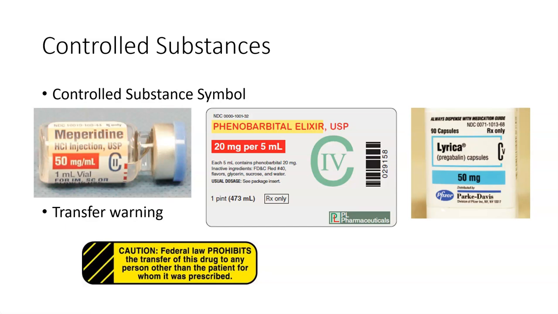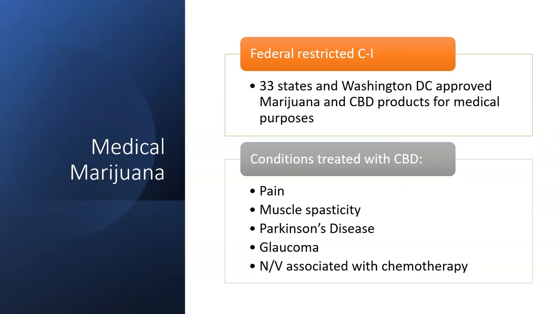Now, when we talk about controlled substances, inevitably medical marijuana wants to come up as a topic of conversation. It is considered to be a federally restricted C1, which means no medical use. But the federal government's kind of backed off and left it to the states to decide. So 33 states, including Louisiana and Washington, D.C., have approved marijuana and CBD products for medicinal purposes.